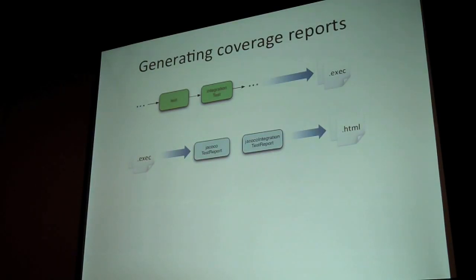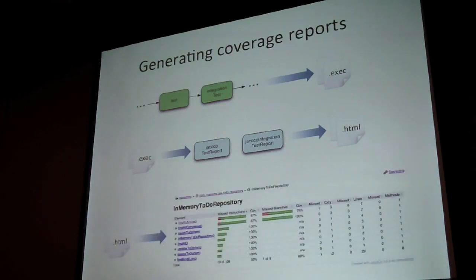And the JaCoCo plugin lets you translate these exec files into actual HTML files. There's always a corresponding task provided by the plugin based on the name of the test that you have in your project. So for the regular test task, it's called jacocoTestReport. And then later on, if you open these HTML files, you can see line and branch coverage, that kind of stuff. If you're familiar with code coverage, that shouldn't be too surprising.